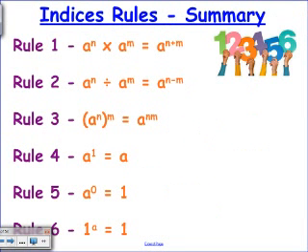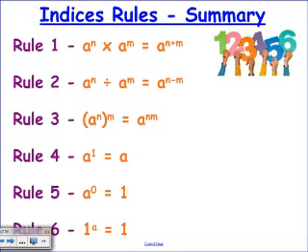Right. That's just a summary in what we call variable form. All you need to remember in your own words, you don't have to write that down. You just need to remember it in your own way. Rule number 1, when the base number is the same and you're multiplying indices, you add the indices together. Rule number 2, when the base number is the same and you're dividing the numbers with indices, you take one indices away from the other.